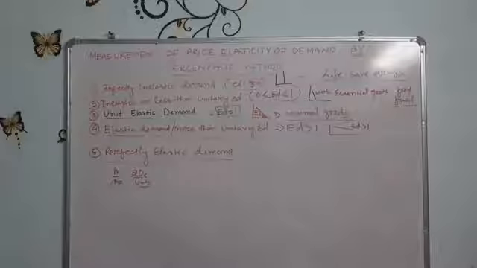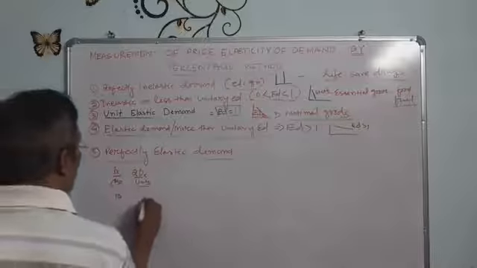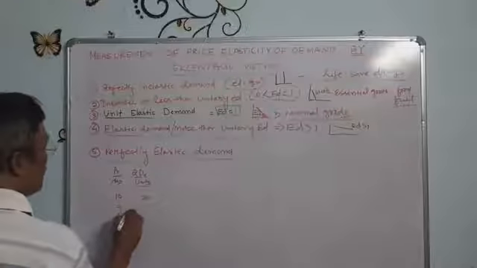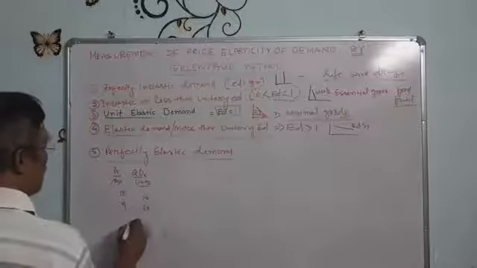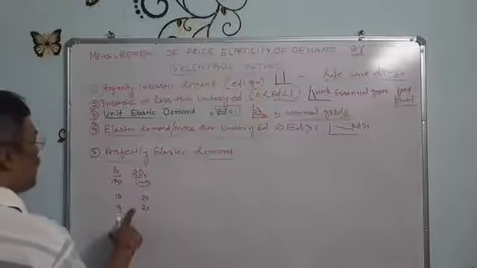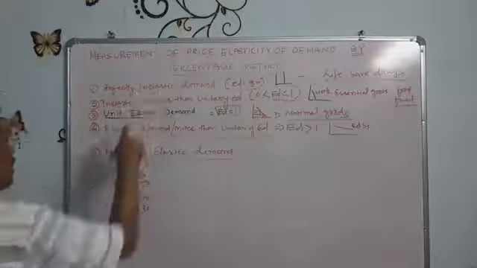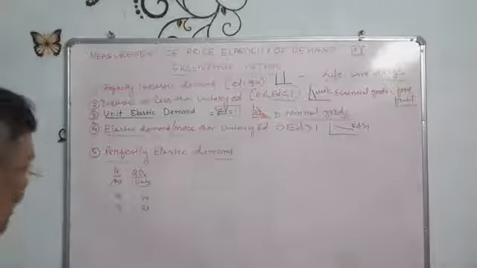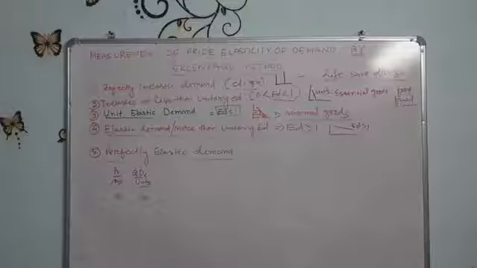Suppose price is 10 and quantity of demand is 20, and price falls from 10 to 9, quantity of demand will remain the same. That was the example of perfectly inelastic demand. But perfectly elastic means when the price is the same, how much the demand will be we could not determine.